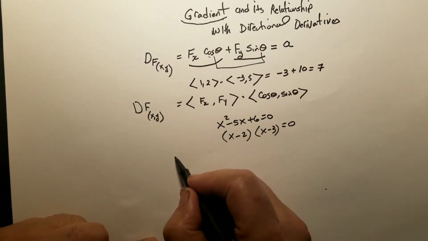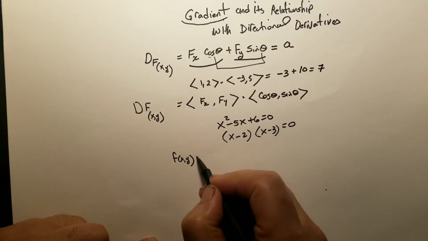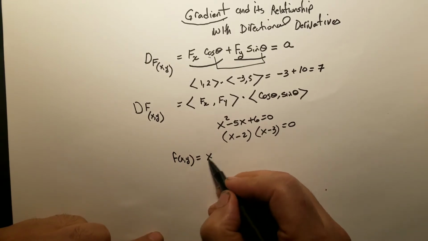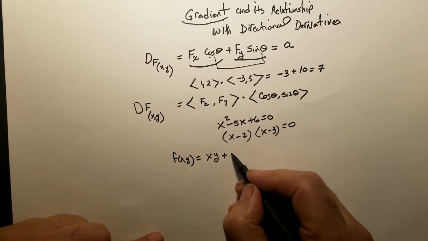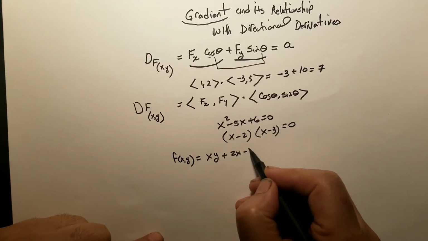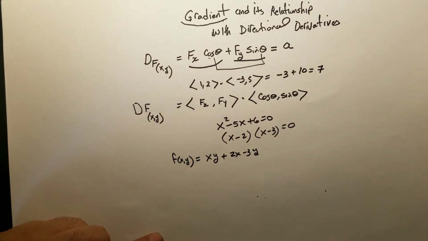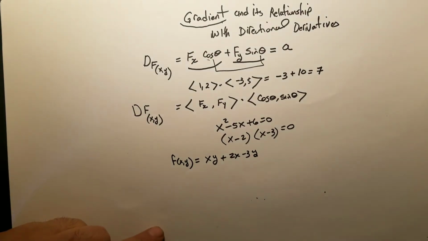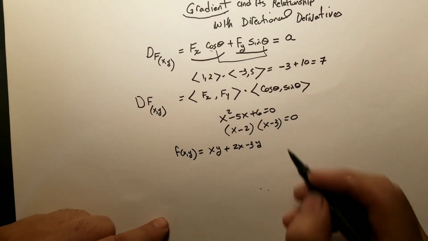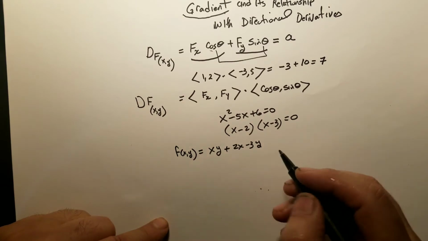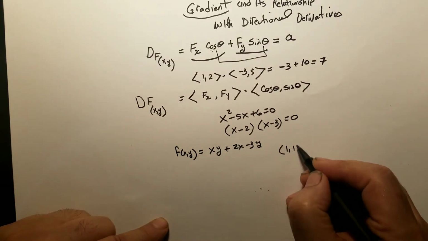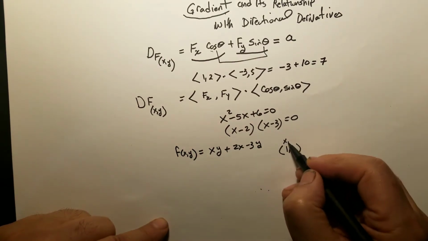Okay, let me write an example right here and say I have a function of x and y. I'm going to write a simple function like xy plus 2x minus 3y. And you are standing on that surface at the point 1 and 1, which is your x and y.